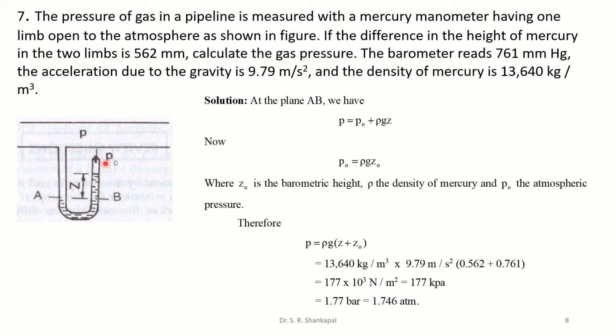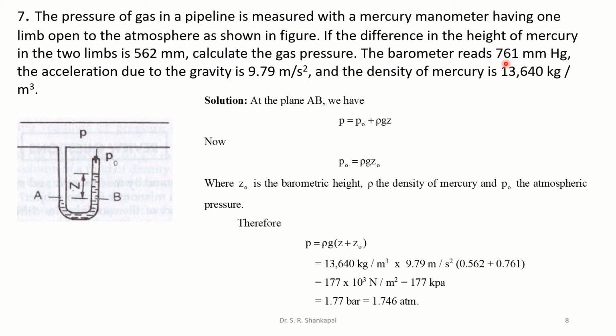What is the atmospheric pressure value? Atmospheric pressure value we always read using a device called a barometer. So it reads 761 millimeters of mercury. You must have heard in physics it is 76 centimeters of mercury, or 760 millimeters of mercury.